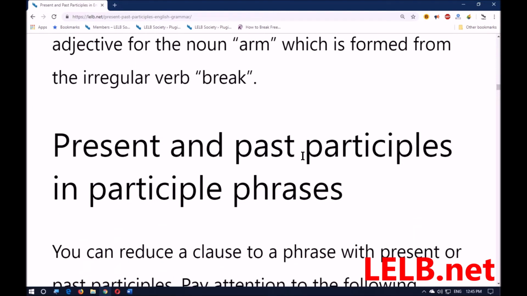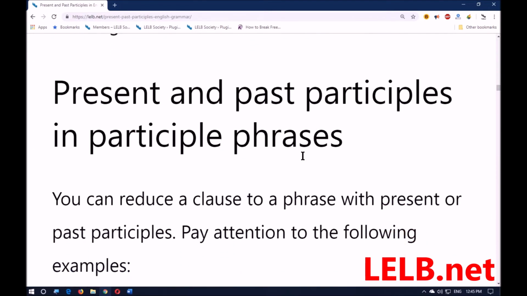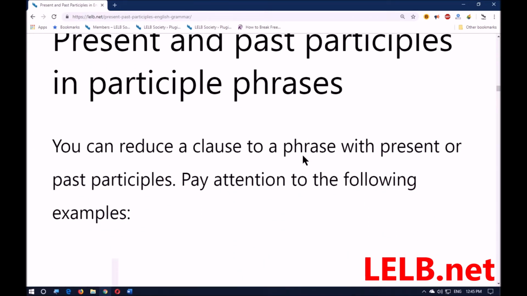Now pay attention to this little detailed explanation. Present and past participles in participle phrases. You can reduce a clause to a phrase with present or past participles. Pay attention to the following examples.